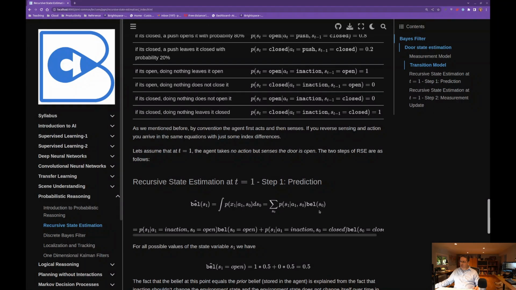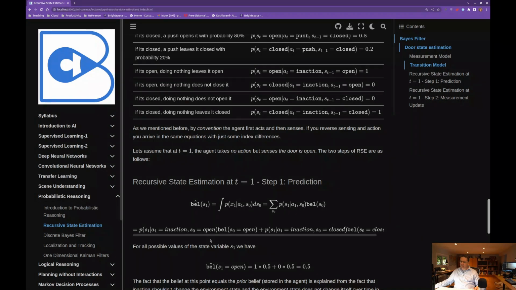Remember that the posterior of the state S0 was given to us, and it was 1/2 for both of the possible situations, both S0 equal to closed and open. So we have a binary state, so we're expecting to see in this summation two terms. That's the first term and that's the second term.